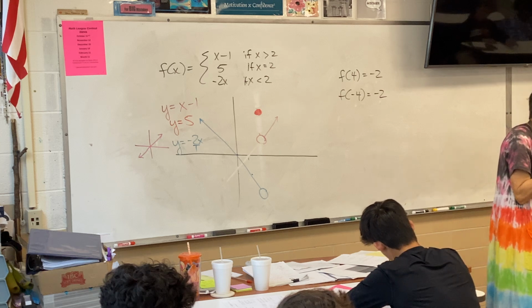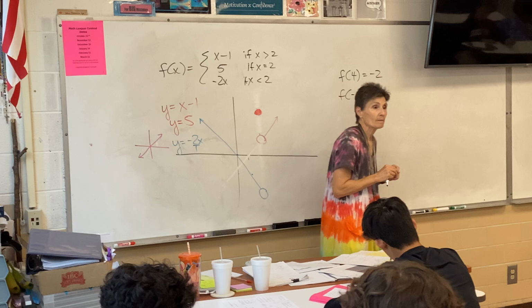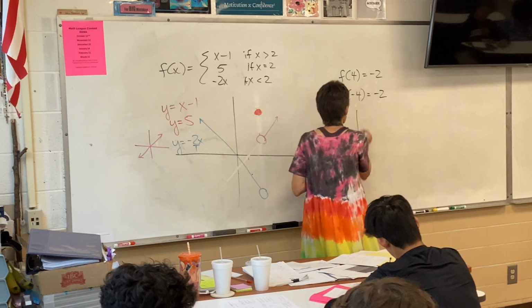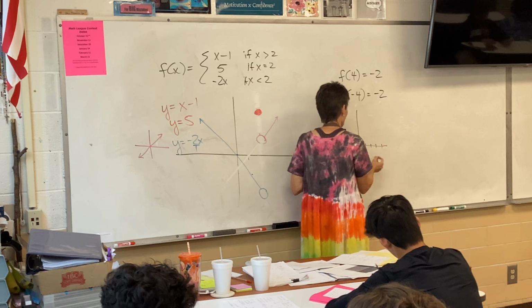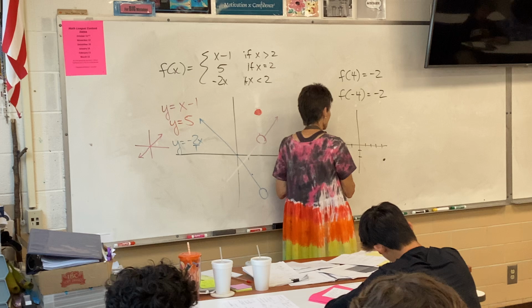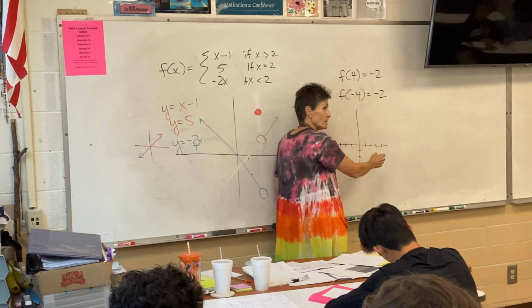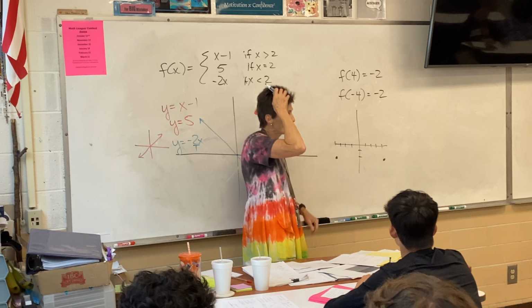That's what it means to be even. This is an even function. It might help you too, if you plotted these points, there's the first one, here's the second one. Do you see symmetry across the y-axis? So a visual might help you too.